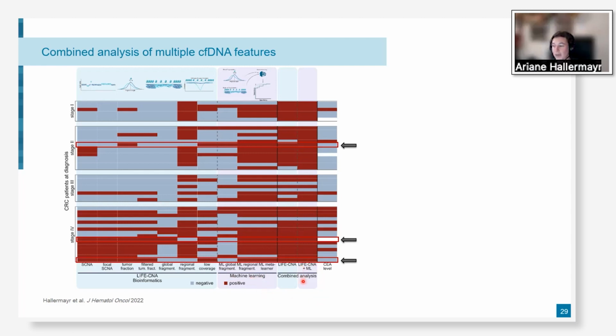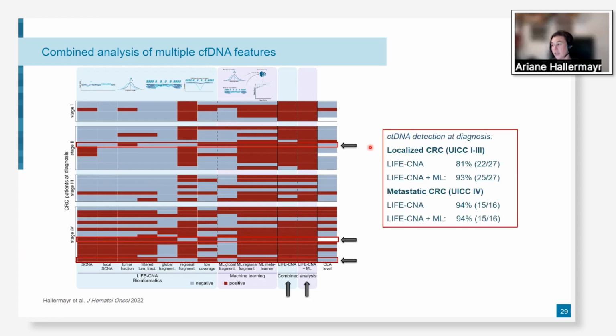And when combining live CNA with the machine learning classifiers, so the bioinformatics analysis with the machine learning classifiers, the detection rate could even be increased. So overall, at diagnosis, it was possible to detect ctDNA in 81% of colorectal cancer patients with localized disease using live CNA alone, and in 93% of patients when combining live CNA with the machine learning classifiers.